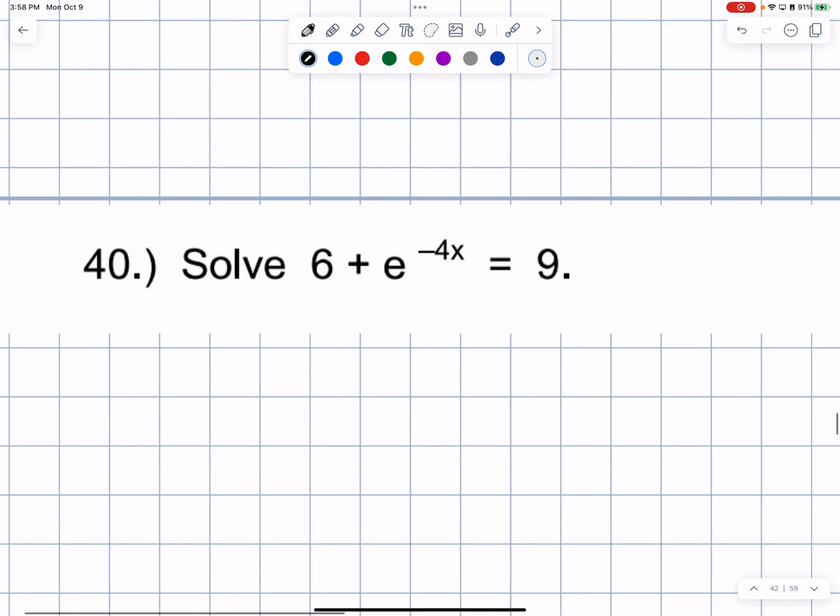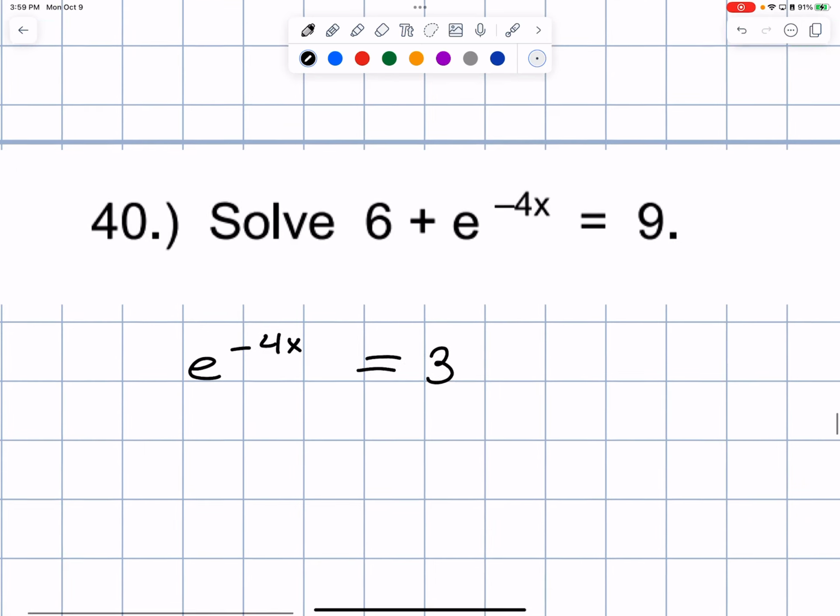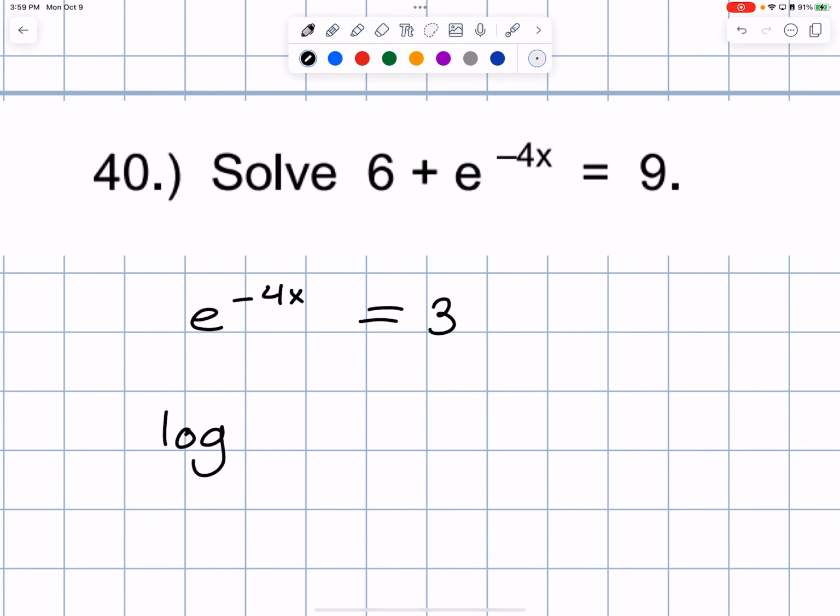40. 6 plus e to the minus 4x equals 9. I'm going to subtract 6 from both sides. E to the minus 4x equals 3. Then I'm going to rearrange it. It's in exponential form. Let's write it as a logarithm. The log base e. What is the log base e also known as? Do y'all remember? Natural log.